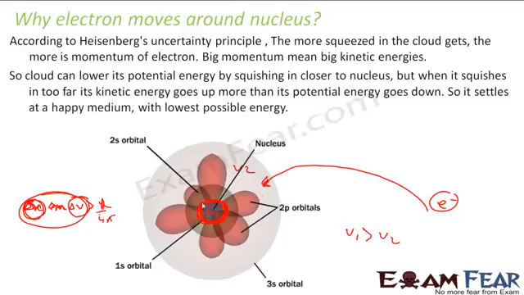It's a happy medium actually. Suppose the electron somehow reaches the proton and merges into it. That's not possible, because the moment it merges into the proton, you are saying that the electron's position is definite. When the electron's position is definite, the velocity becomes uncertain and very fast, and it will jump off, right?